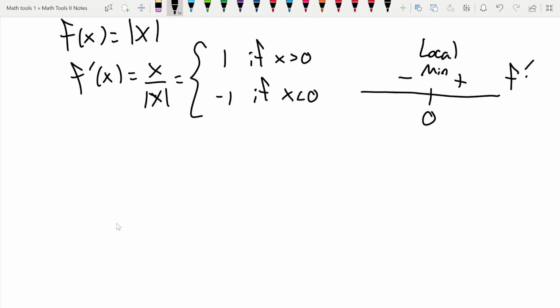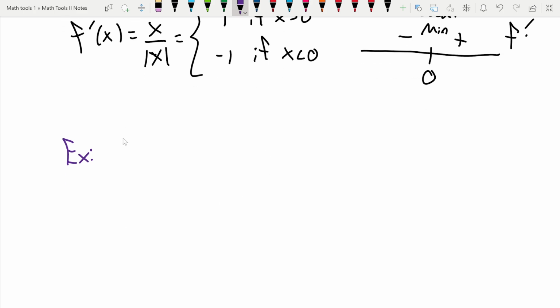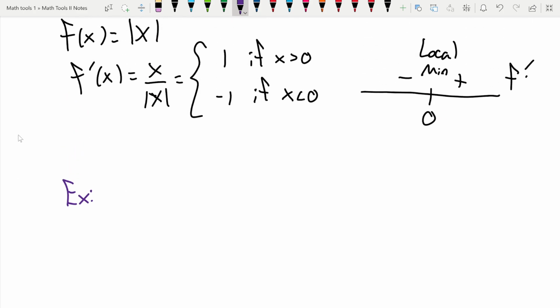Okay, so let's see. I'm just looking at some examples in this text that I'm referencing. Let's do this one. f of x equals the cube root of x minus 1. They all will kind of work the same way, so it doesn't really matter which problem we do. So we just go ahead and take the derivative.